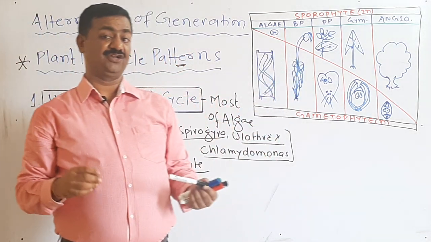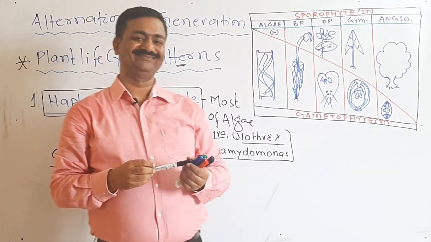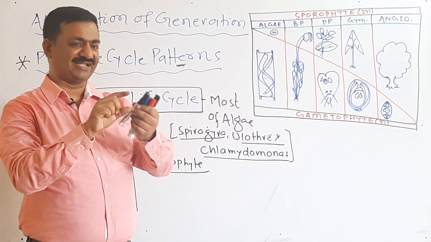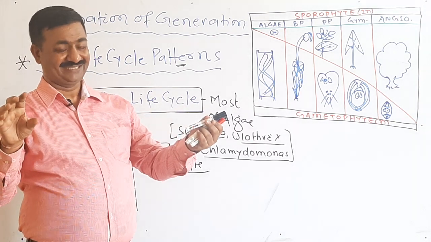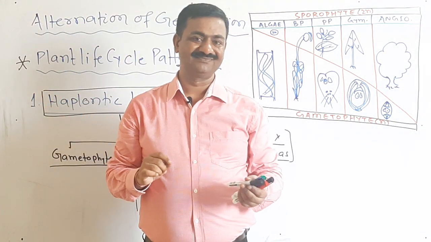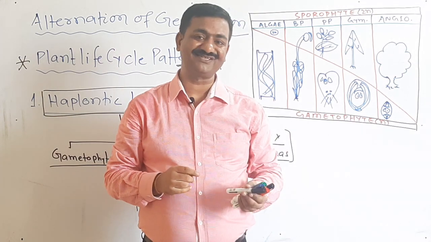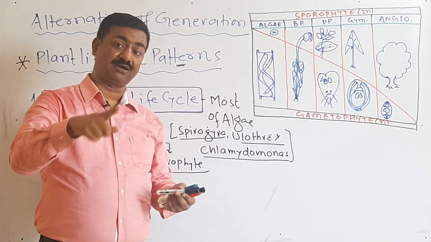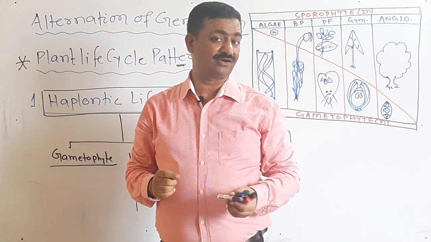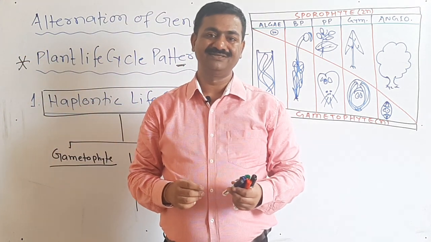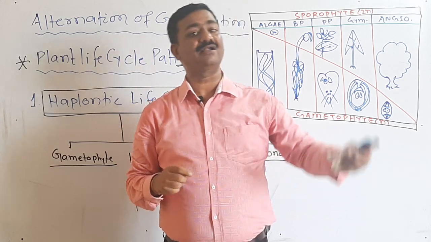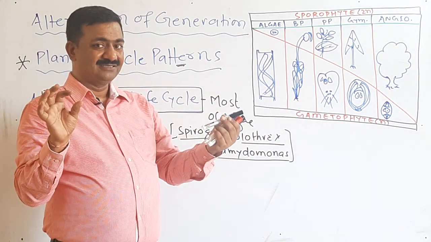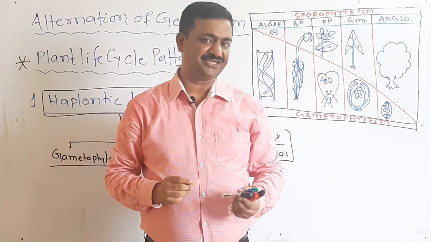Whenever you go to the NCERT, you will find they confuse you by their language: free living, dependent or independent, dominant or not dominant, parasitic, partially parasitic or not parasitic, over sporophyte or gametophyte. These are very common statements asked in the NEET examinations.